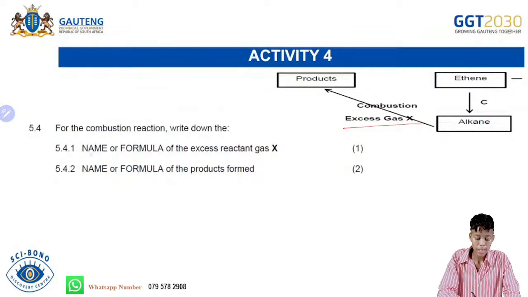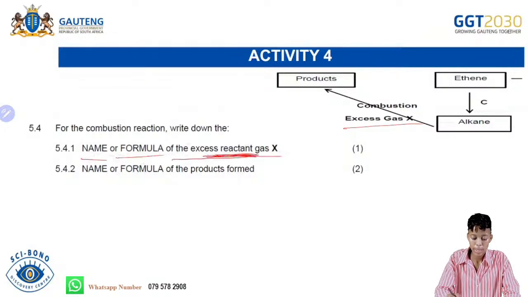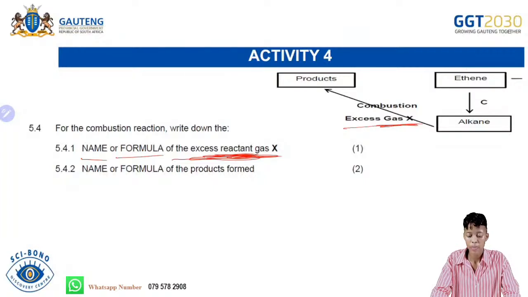Our keyword here will be excess reactant, which is gas X. In a combustion reaction, you are either going to have an alkane or alkene, and what will be constant? It will be your O2, which is your oxygen.